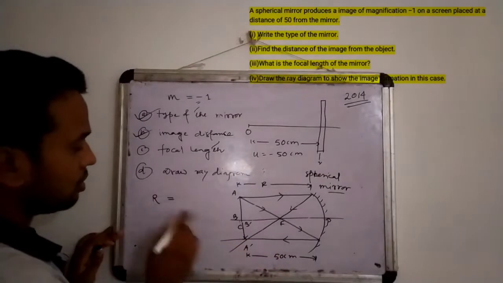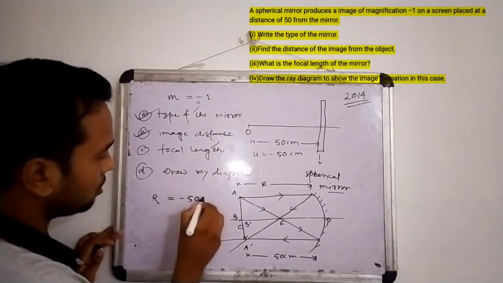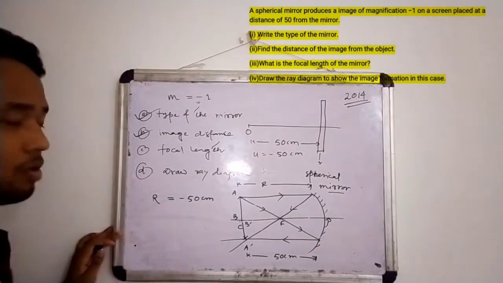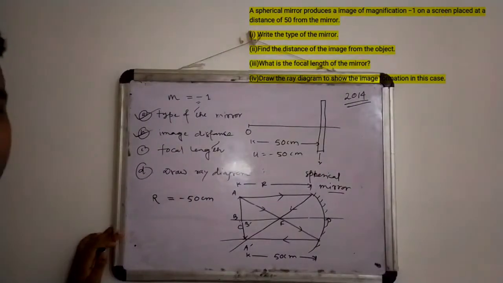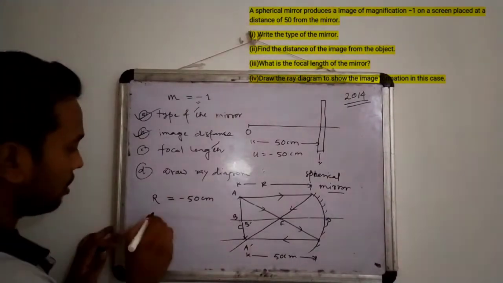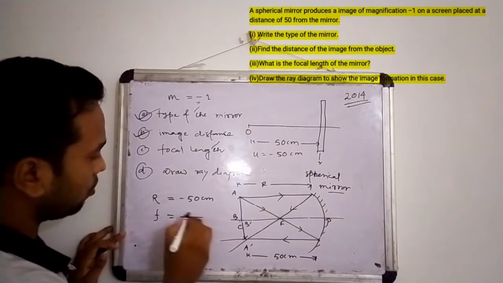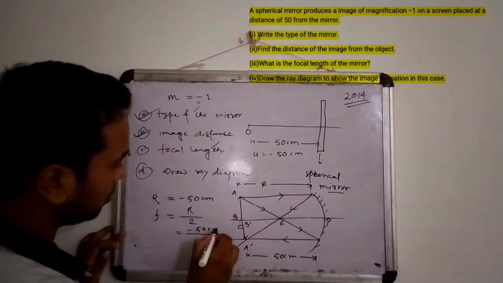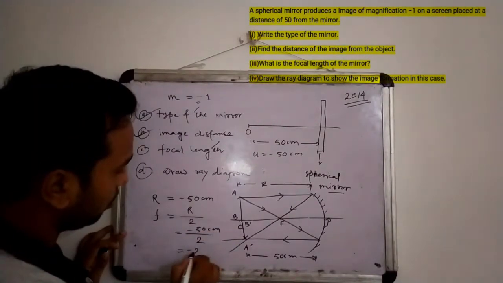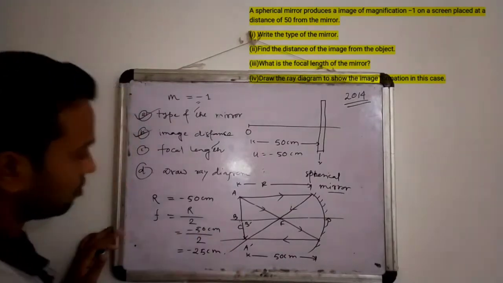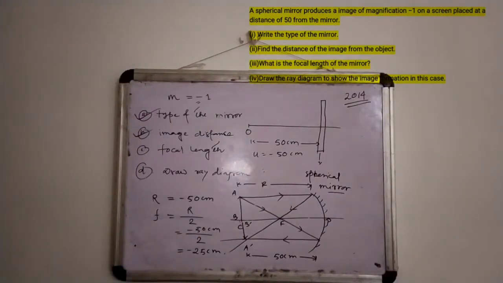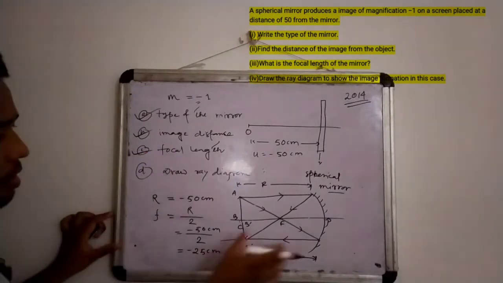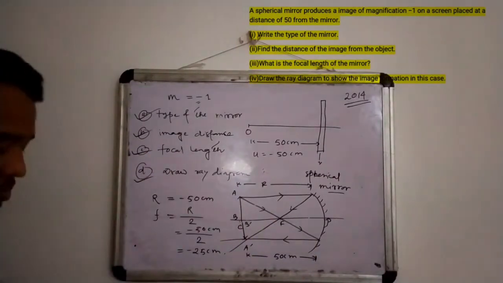So radius of curvature here will be minus 50 centimeter, because for a concave mirror focal length is always negative. If focal length is negative, then radius of curvature will also be negative. And focal length f is equal to r by 2. So minus 50 centimeter divided by 2 equals minus 25 centimeter. Okay. So this is the focal length and this is the ray diagram.